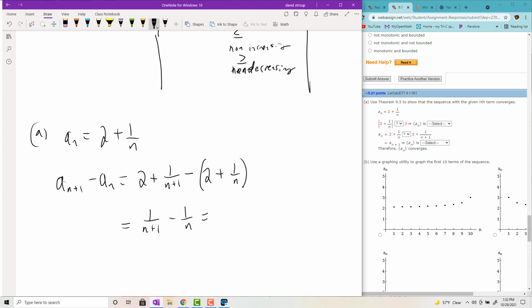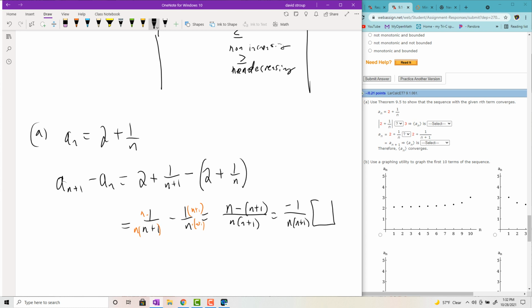Find a common denominator. On the left there, multiply top and bottom by n. On the right here, multiply top and bottom by n plus 1. Then you'll have the difference n minus n plus 1 all over the denominator of n times n plus 1, and that will just be negative 1 all over n times n plus 1.